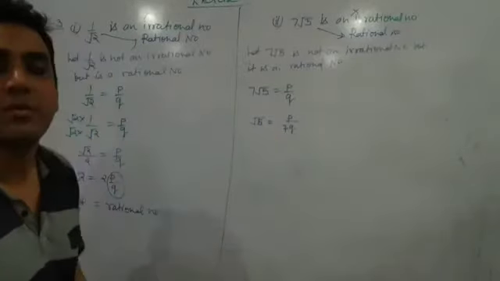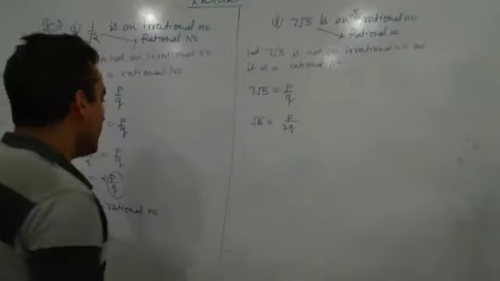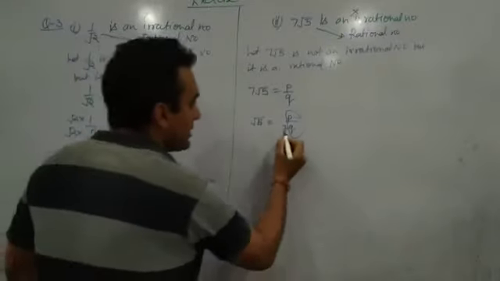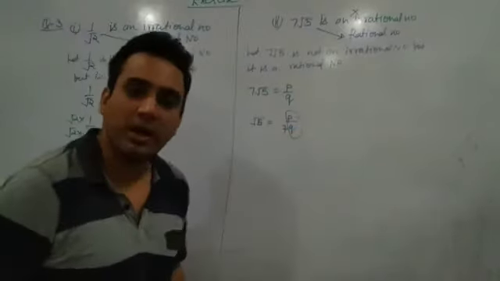Now again we are shifting our focus to the second part. Here again I am having p upon q as a rational number, and this number is divided by 7.